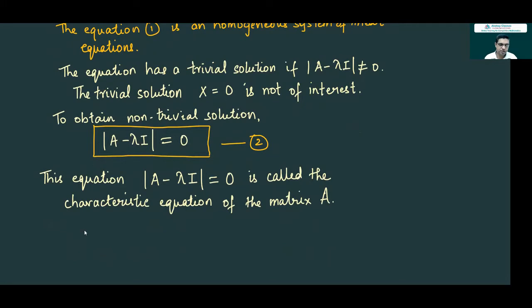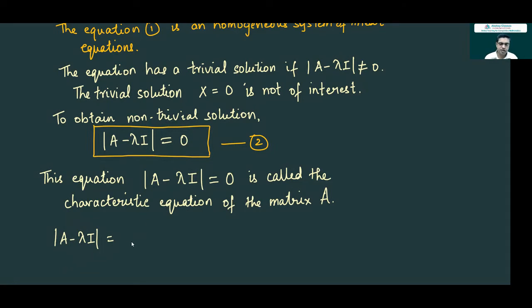You can observe this determinant of A minus lambda I. A will have some values. I is the identity matrix, so lambda into I will be a diagonal matrix with all the diagonals as lambda. A minus lambda I will have all the diagonal elements of A subtracted with lambda.